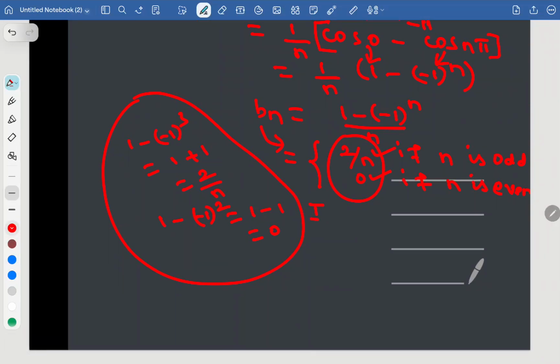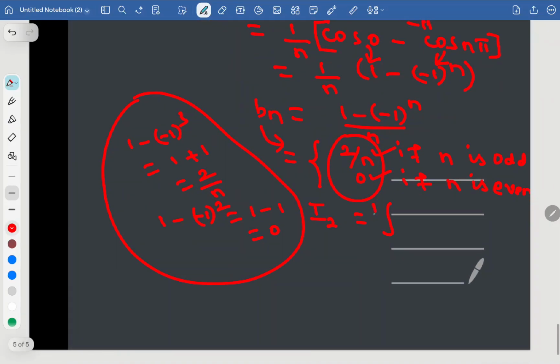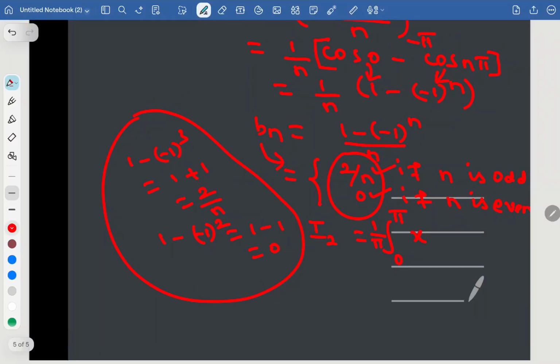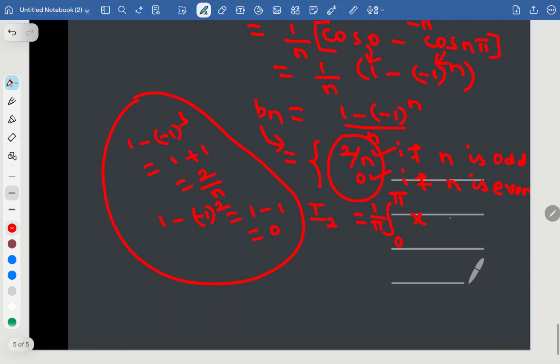Now I2. 1 by pi integral 0 to pi x sin nx dx. Again, by method of integration by parts, take u as x, du by dx is 1.